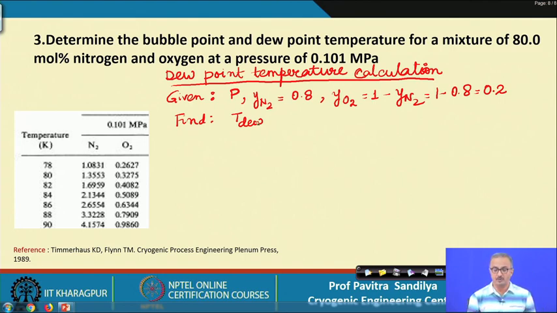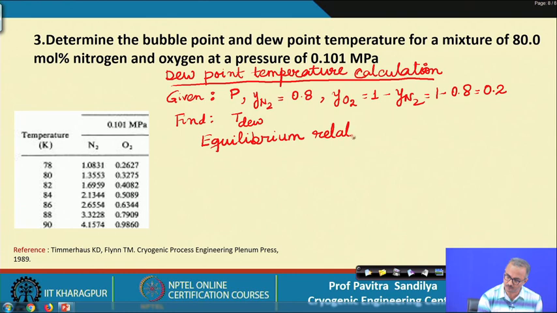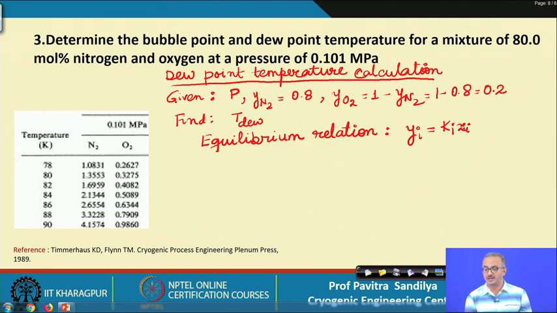Okay. Now, to find out T dew, we have to go with the equilibrium relationship between the two phases, which is given as Yi equal to Ki Xi, and as you recall, i represents the species, in this case nitrogen, oxygen, and K represents the equilibrium coefficient.